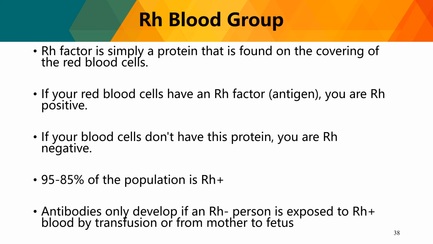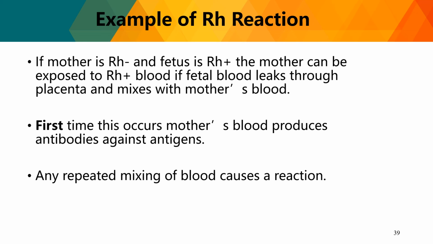So, antibodies only develop if an RH negative person is exposed to RH positive blood by transfusion or from mother to fetus. Okay? So, if a mother is RH negative and fetus is RH positive, the mother can be exposed to RH positive blood if fetal blood leaks through the placenta and mixes with the mother's blood.